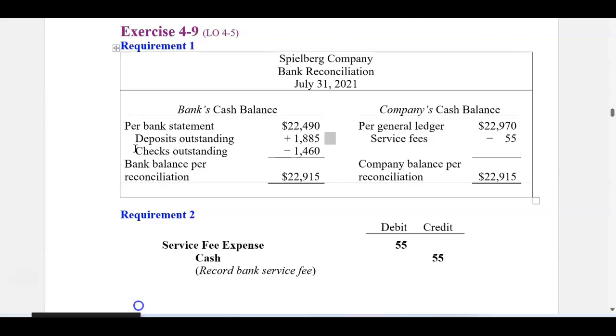Also, you have a check that you properly wrote and recorded, but the bank is not showing such a check has cleared. So you're still showing such a check as outstanding. So that's a minus.